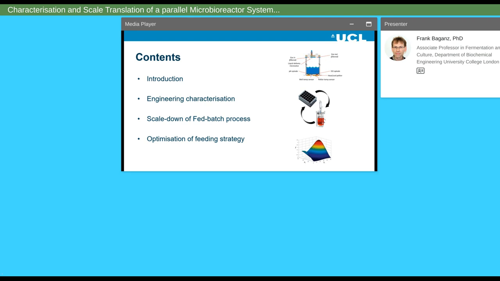Subsequently, the high throughput of the microbioreactor will be used to perform a DOE-assisted optimization of the feeding strategy. Lastly, the optimized fed batch protocol will be translated to the benchtop scale.